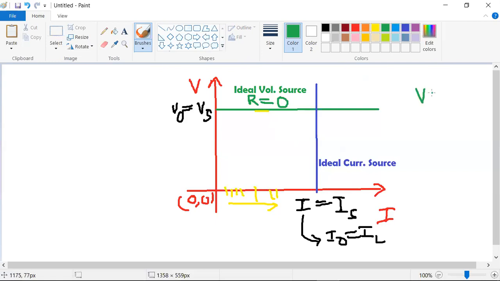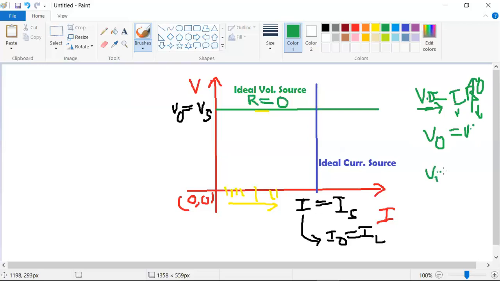For finding the voltage drop VD, you require two parameters: one is current, one is resistance. If one of the parameters is 0, then there is no voltage drop.